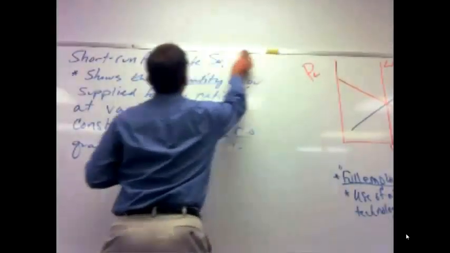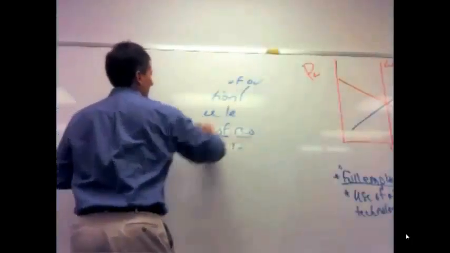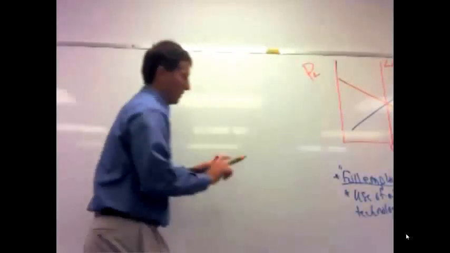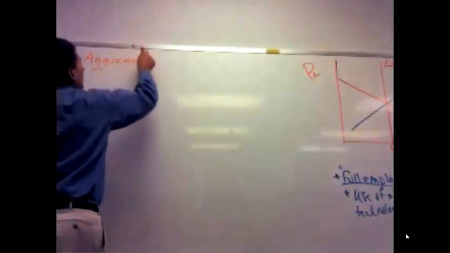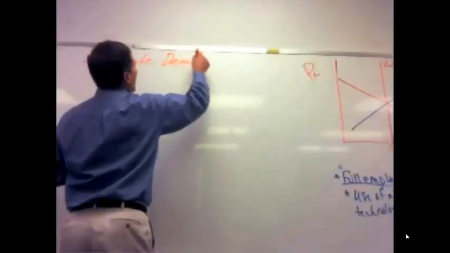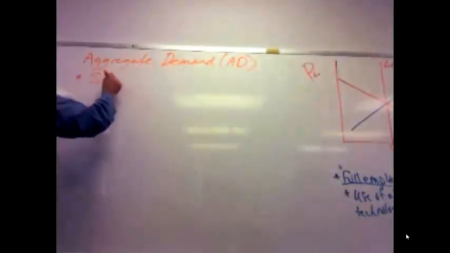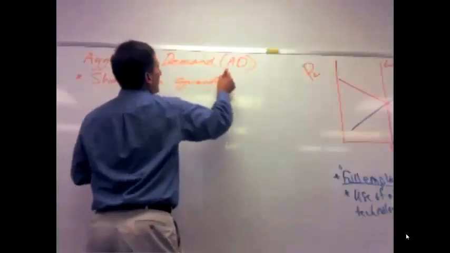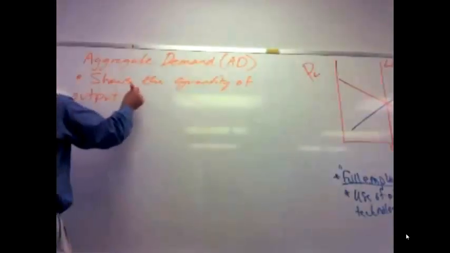So aggregate demand shows the quantity of output demanded.